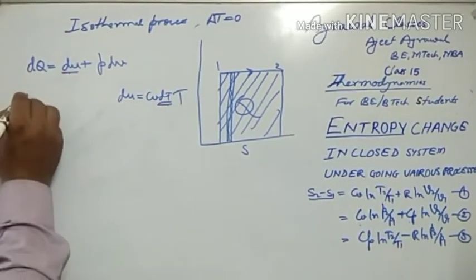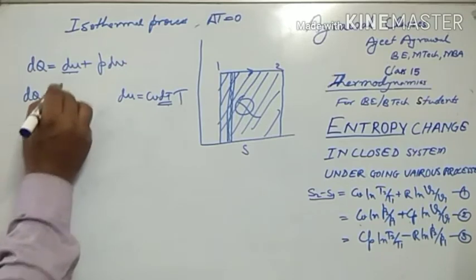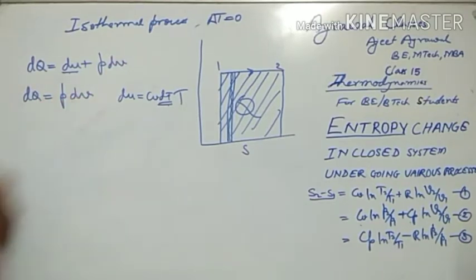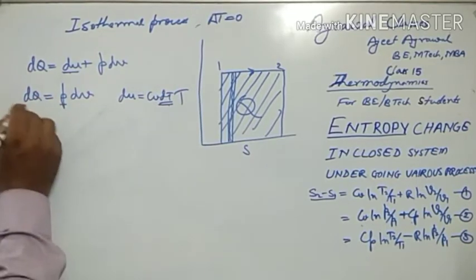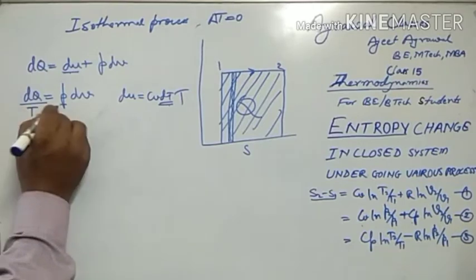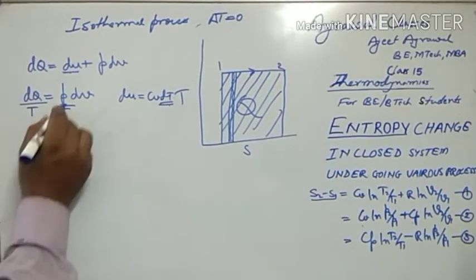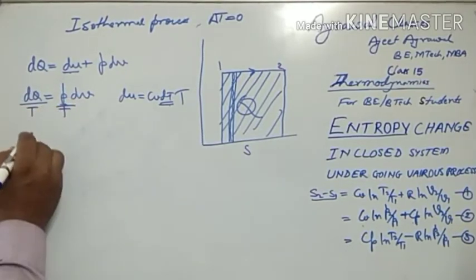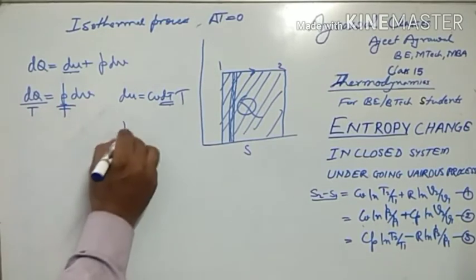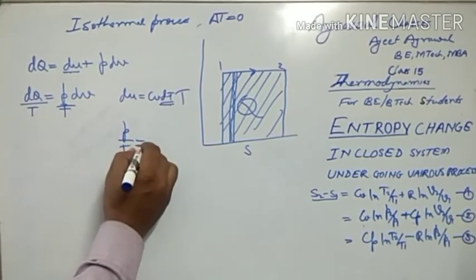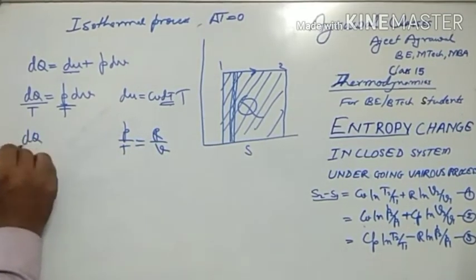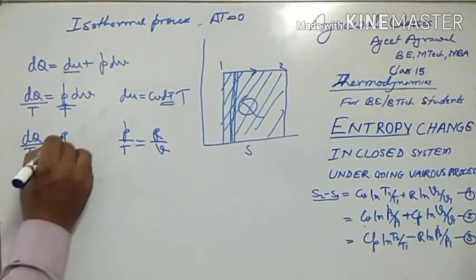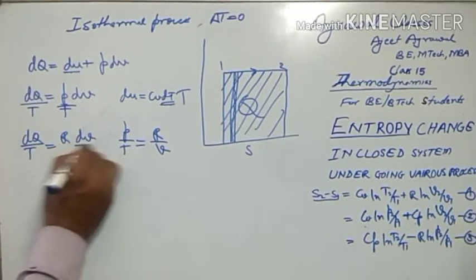So the equation becomes dq equals p dv. Rather, first we'll divide this equation by T. So it becomes dq by T equals p by T dv. Now p by T can be replaced by R by V. So this equation becomes dq by T equals R dv by V.